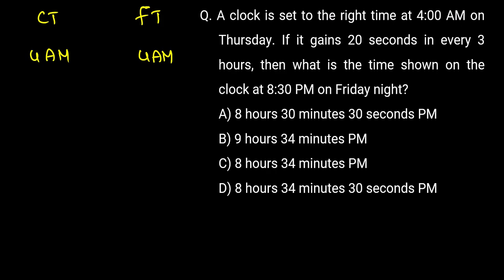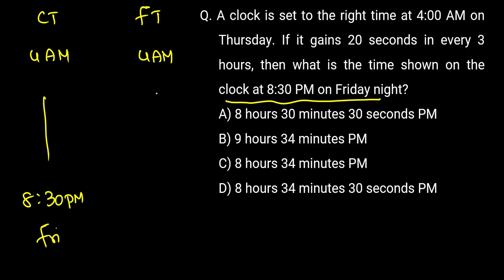Okay. Now listen. What is the time shown on the clock at 8:30 p.m. on Friday night? Now, if the correct time is 8:30 p.m. on Friday, what is the time shown in the fault one? Sir, how do you understand? Okay, the correct time is given, asking about the fault time.